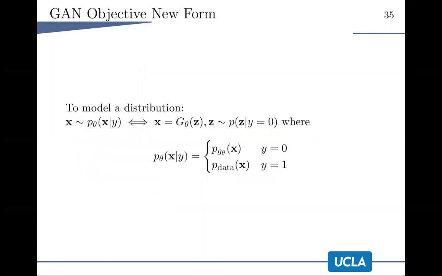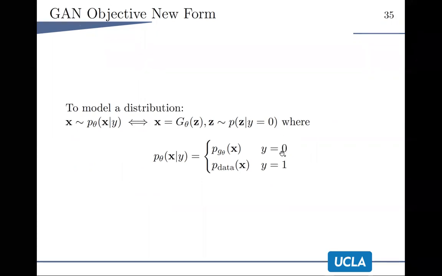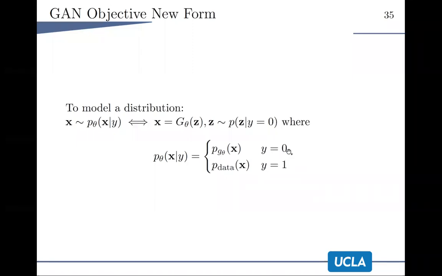So first, the GAN objective. Here we can introduce a new label called y. This is the new form of the objective, where y is the label of the source of the data.